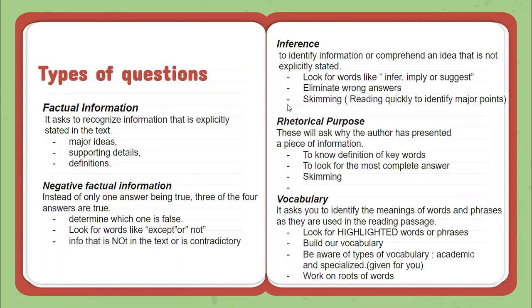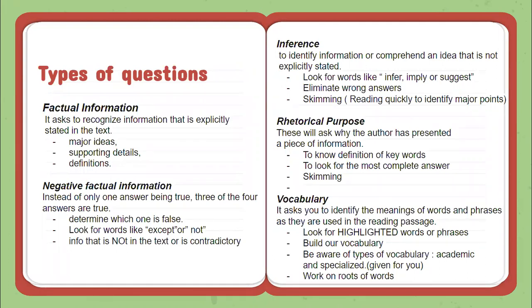Now then, moving on, we have the inference type question. These questions will ask you to identify information or comprehend an idea that is not explicitly stated in the text. In order to identify this kind of question, you have to look for words like infer, imply, or suggest. What you have to do in this kind of question is infer from context.